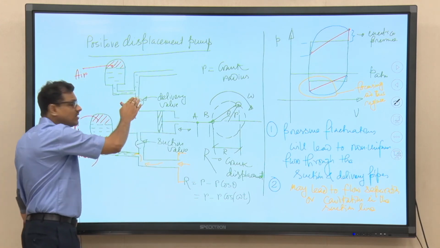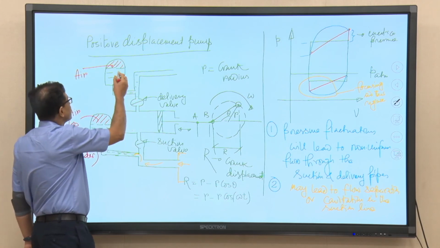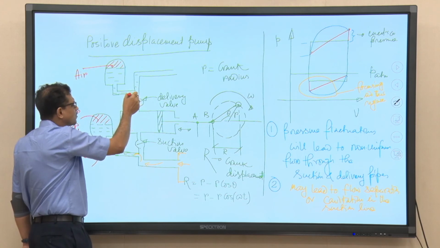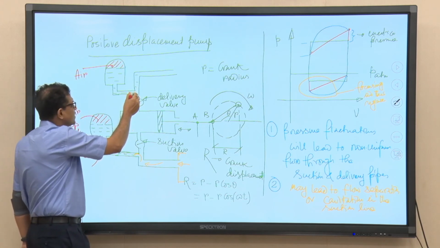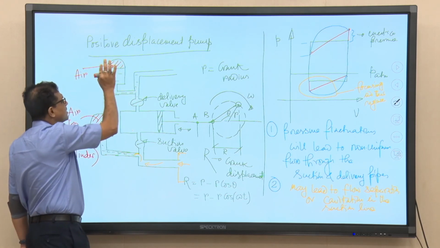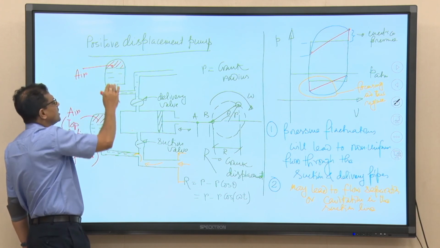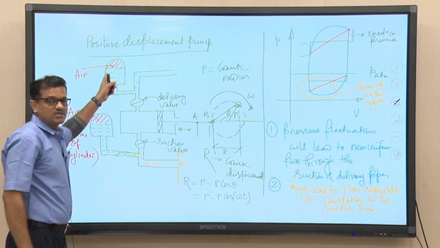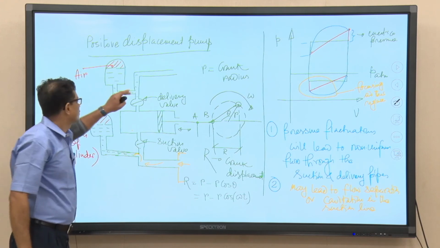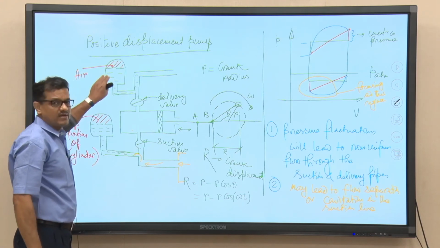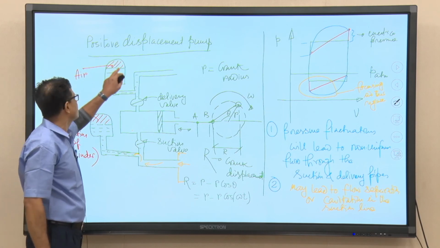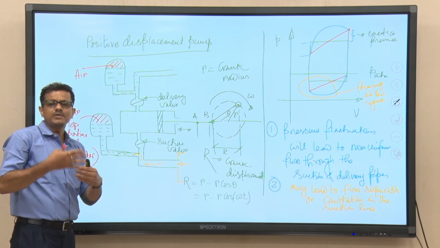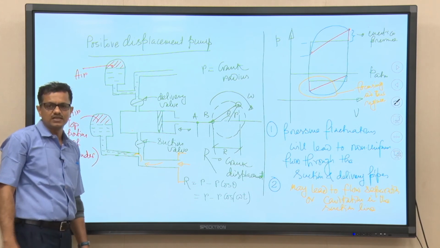Since the air chamber is connected to the delivery line very close to the delivery valve, first the liquid will try to compress the air. Since these two fluids are not miscible, the high pressure liquid will compress the air, and the air will be at the top location. So, compressed air will have sufficient stored energy.